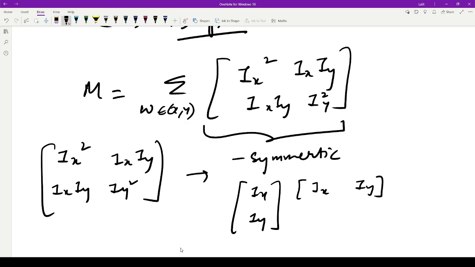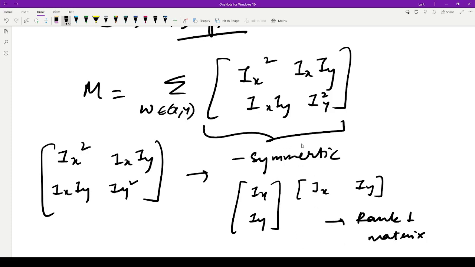Yeah. So any outer product is a rank one matrix. This is a rank one matrix, and since the dimension of this matrix is greater than one, it's a singular matrix. Okay.